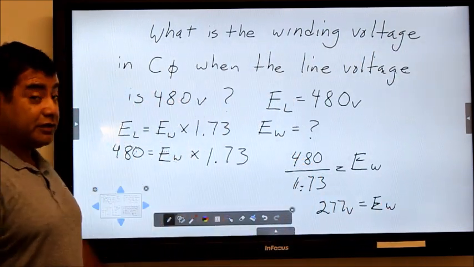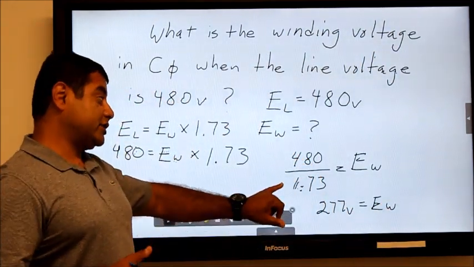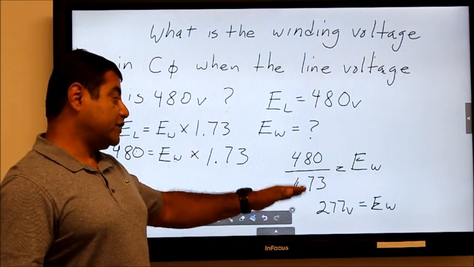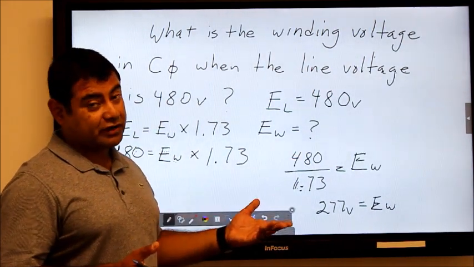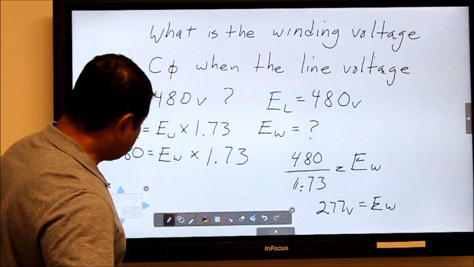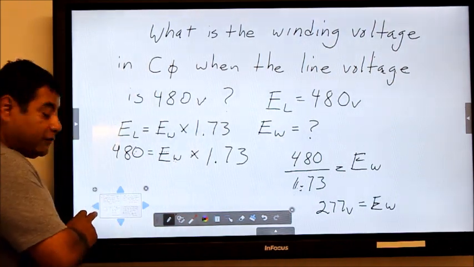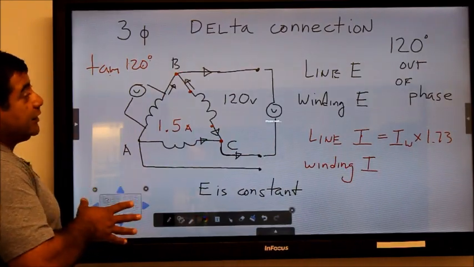So as you can see, we've seen these numbers before as electricians everywhere. This is a 277/480 transformer. So I hope that these two problems were helpful. We looked at a delta connection.